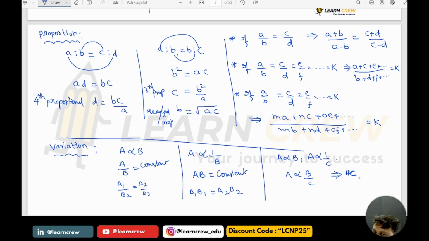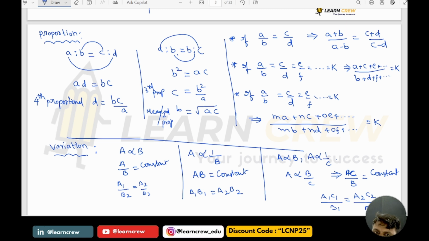AC by B is equal to constant, means A1 C1 by B1 is equal to A2 C2 by B2. So this is the simple understanding of what is ratio, what is proportion and what is variation. I hope it is clear to all of you.